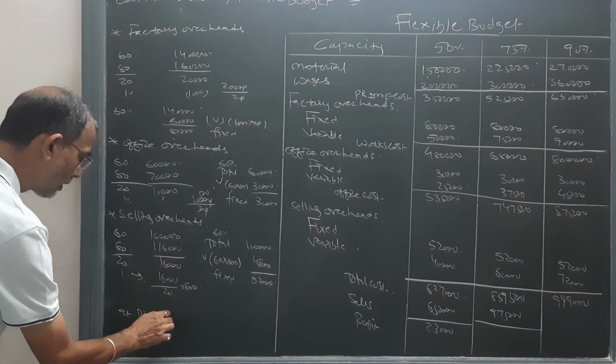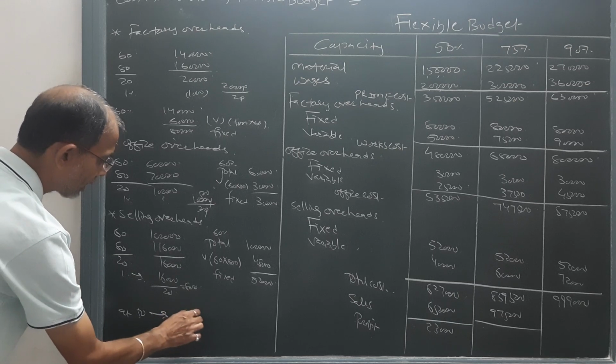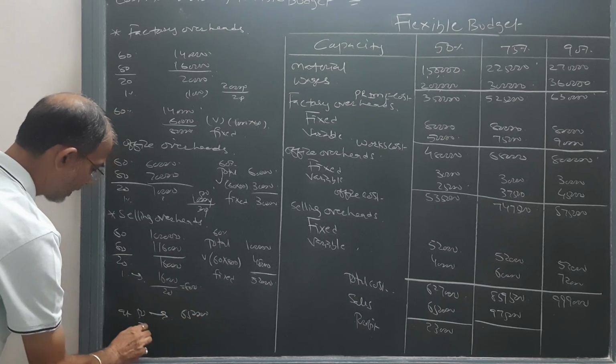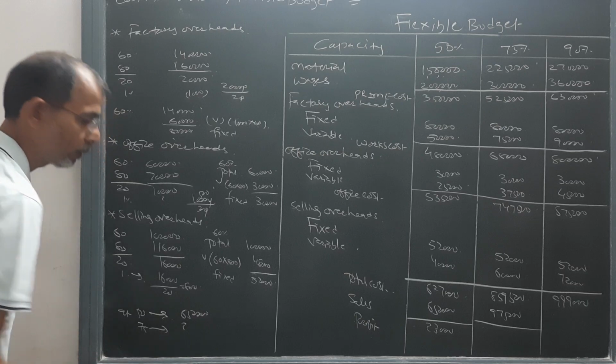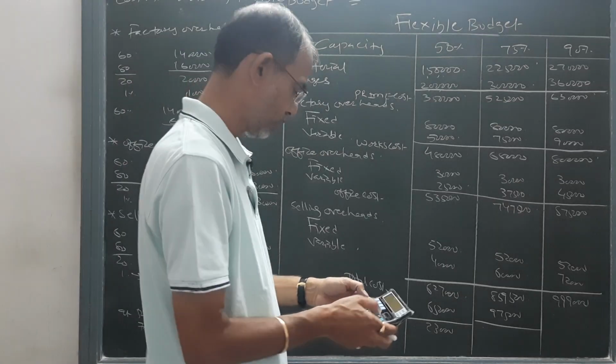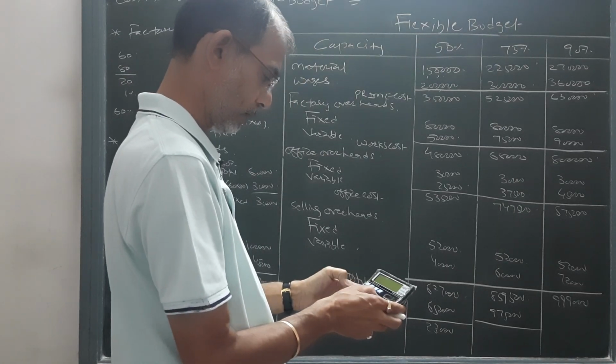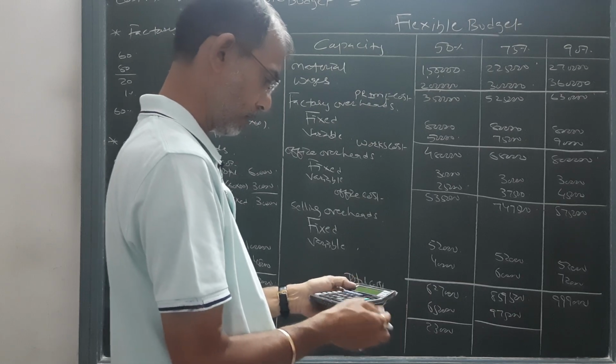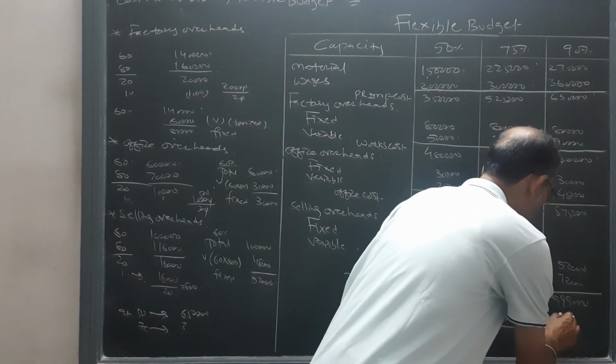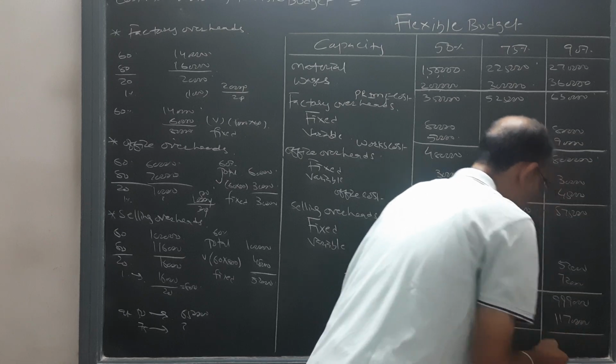At 50, sales is 6,50,000. So at 75, what will be the sales? Similarly, this will be 11,70,000.